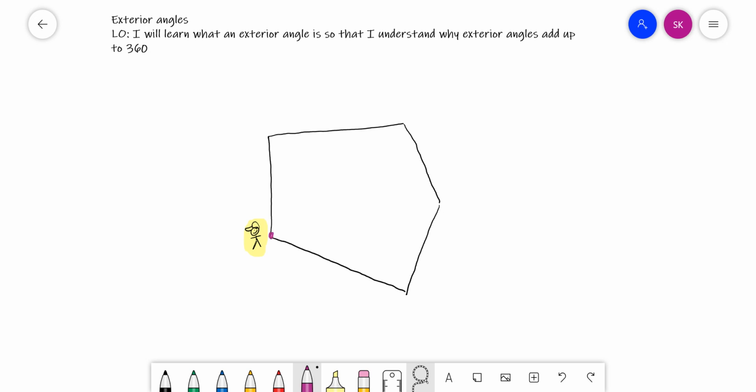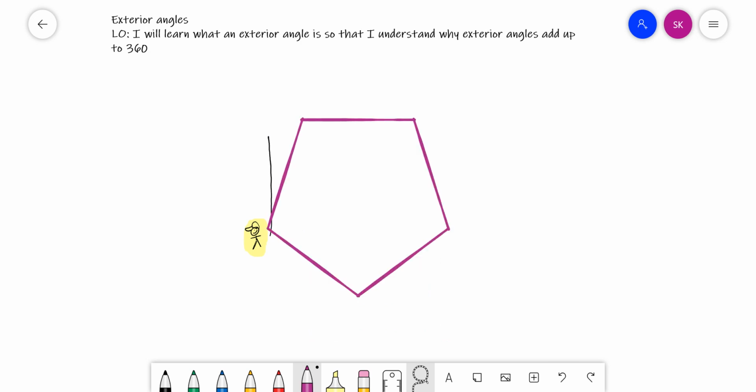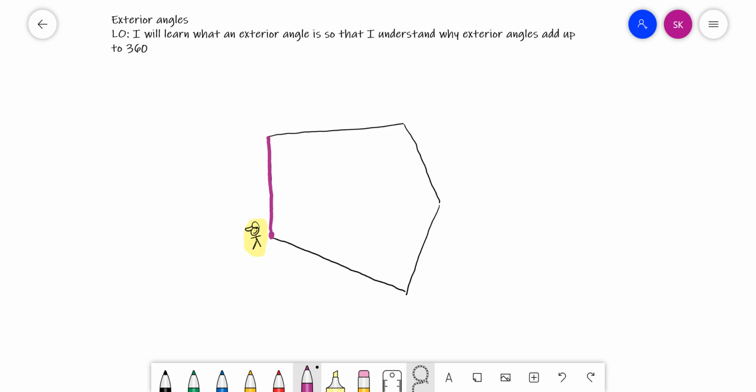So he starts off at this point here. And he first of all walks this way until he gets to this point. And at this point, he's facing this way, but obviously he has to turn so that he's facing this direction here.